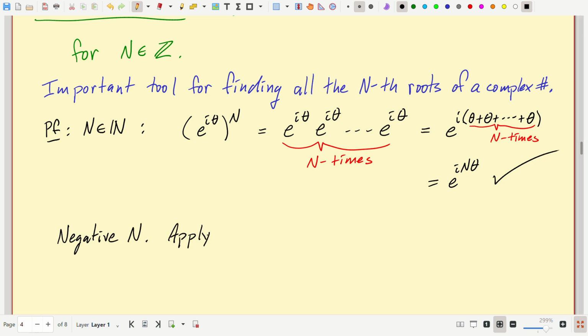I have this identity here, and I would just apply the fact that I know that e to the minus i theta is 1 over e to the i theta to the above. That's all there is to that.